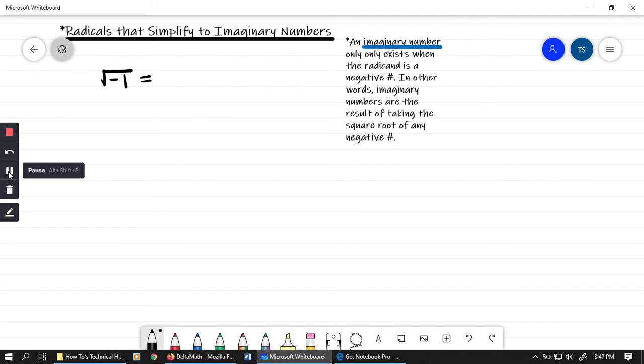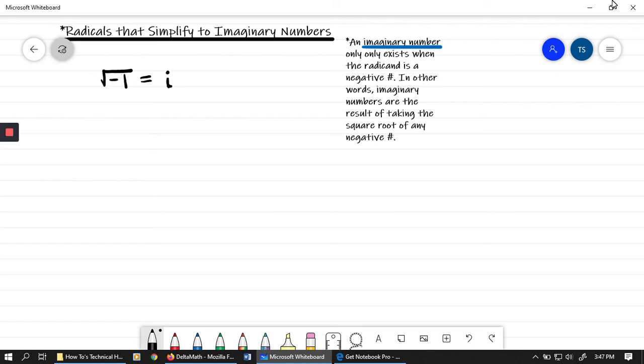So let's look at a very, very basic concept when we're talking about imaginary numbers. Let's look at the square root of -1. The square root of -1 is equal to, and just work with me here, i. I've written it kind of italicized, hopefully that looks like an i to you guys.